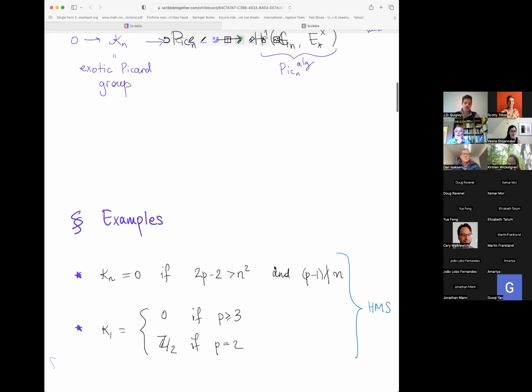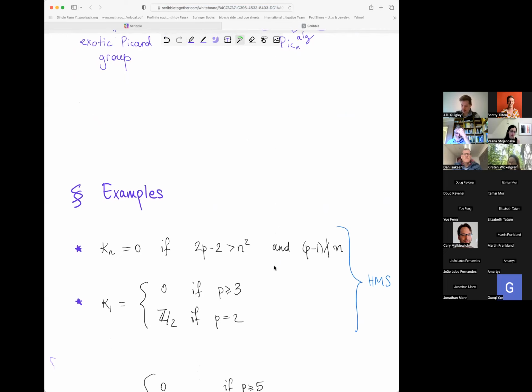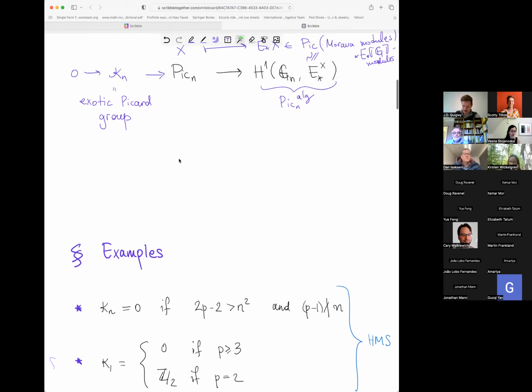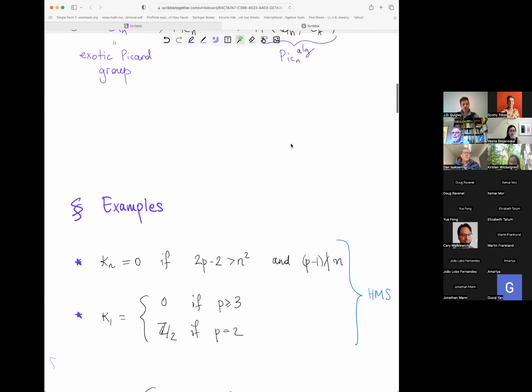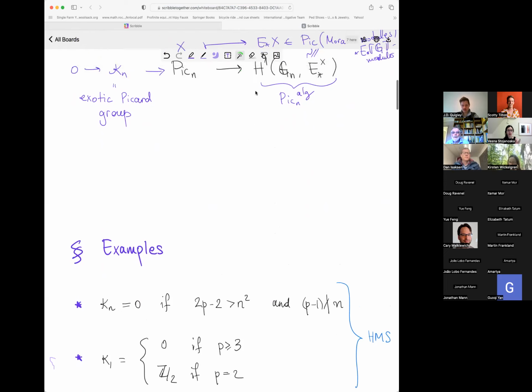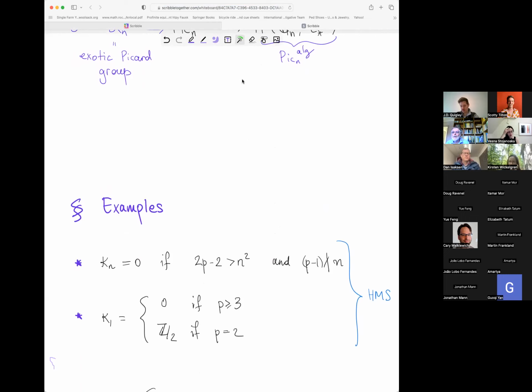But here are the examples that we do know about the exotic Picard group, although in some of these cases something is known about the algebraic Picard group as well. By usual comparisons with Adams-Novikov vanishing lines and so on, this exotic Picard group is trivial often enough.